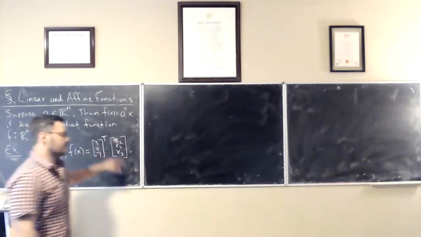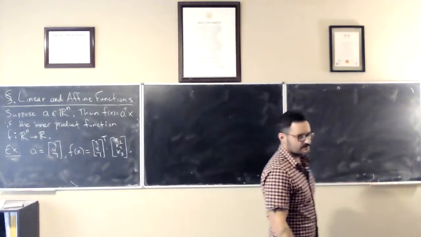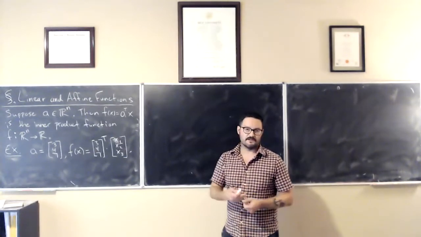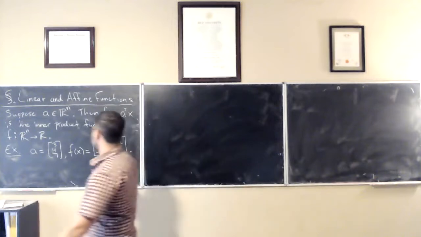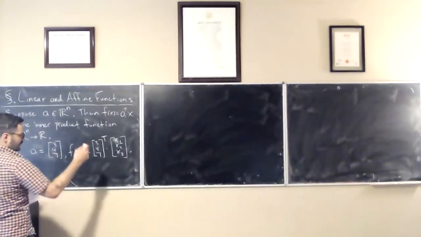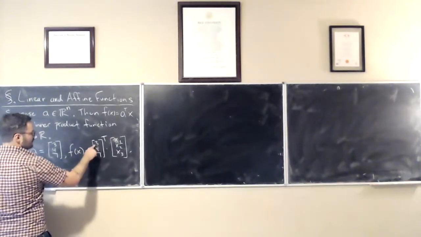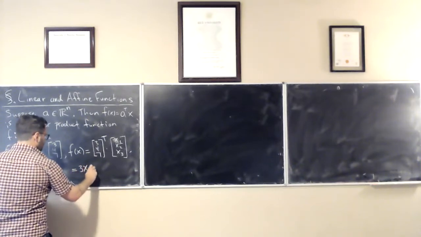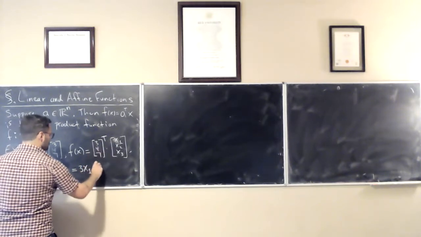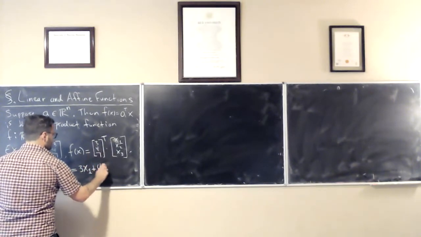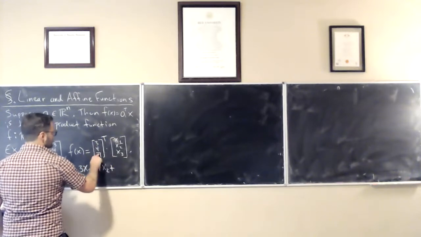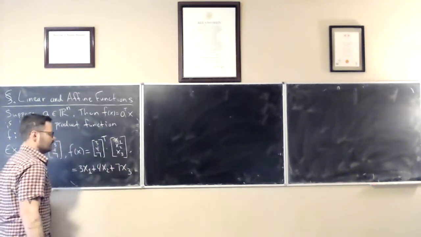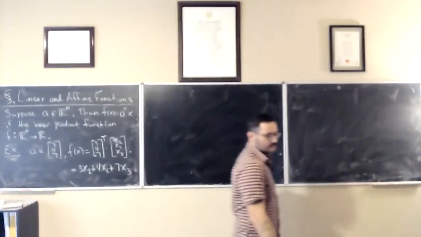The inner product of two vectors is just the multiplication of the corresponding elements and adding them, right? So this is just going to be 3 times x1 plus 4 times x2 plus 7 times x3. Does everyone see how that works out?